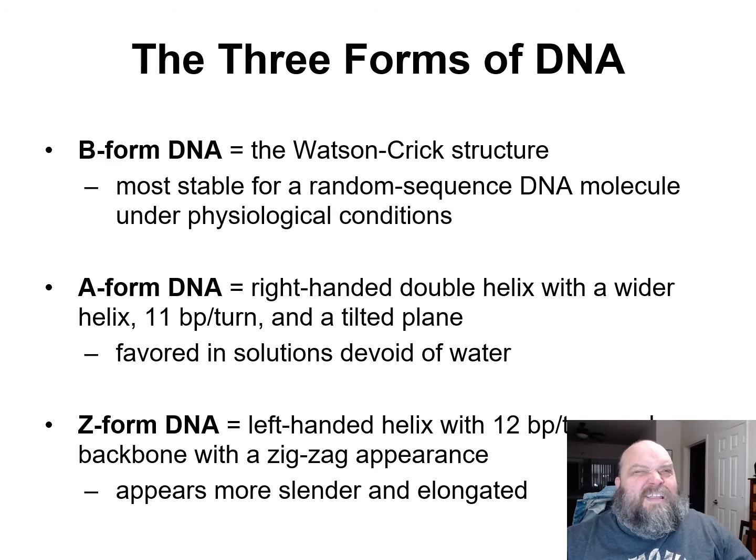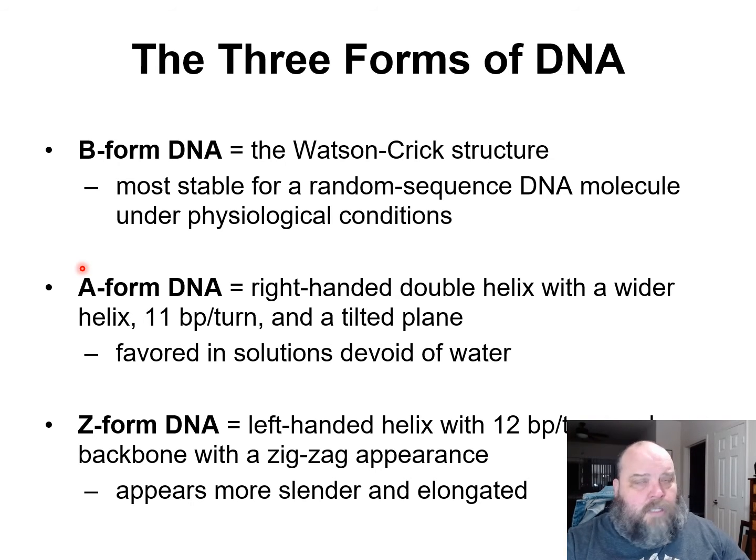Turns out that the double helix that Watson and Crick figured out is not the only way it is. What they now refer to as the B form is the most stable in physiological conditions, where everything's in the cell, in the nucleus, in a cytoplasm if you're talking prokaryote.